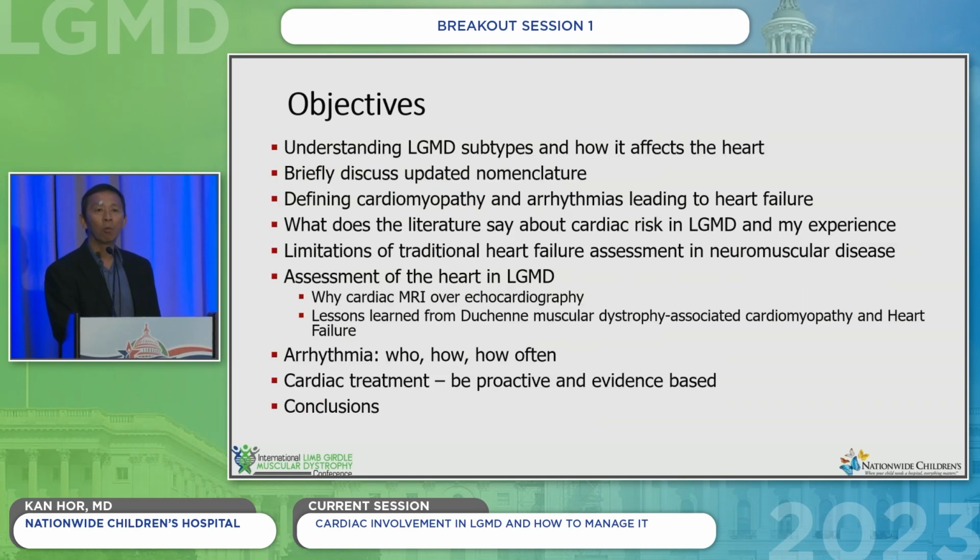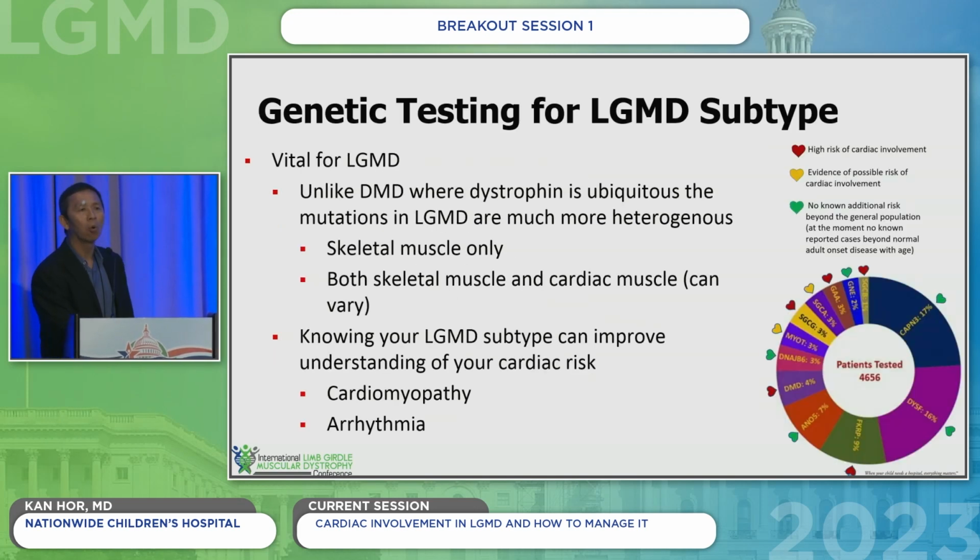So here's the objective. I won't go over the details of this except within my talk. As you heard throughout the whole morning session, knowing your LGMD subtype is really important, because unlike Duchenne, with dystrophin deficiency, which is ubiquitous everywhere, in LGMD the various protein issues affect sometimes predominantly skeletal muscle, sometimes a combination of both skeletal and cardiac, and different parts of the cardiac muscle, and also respiratory.